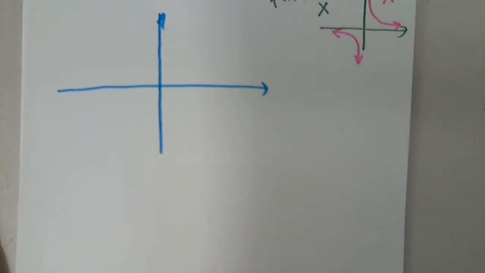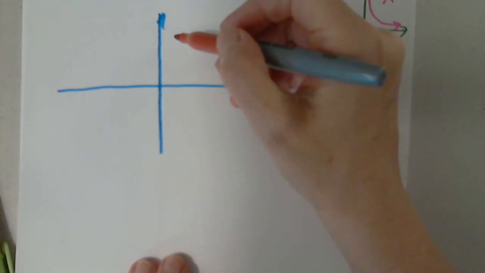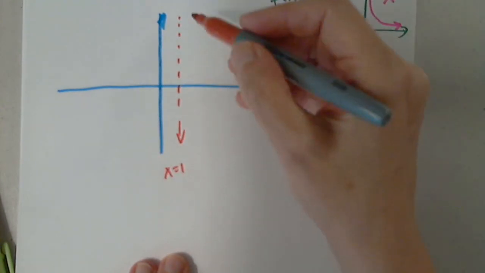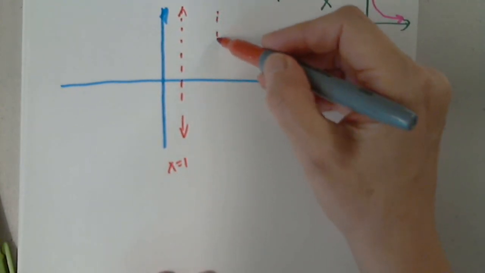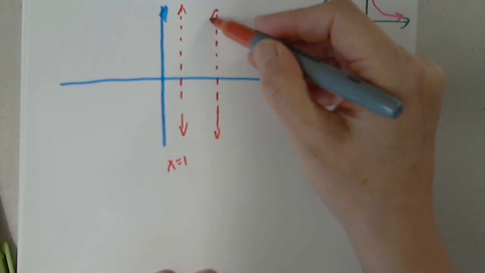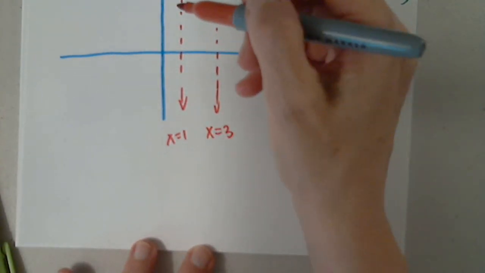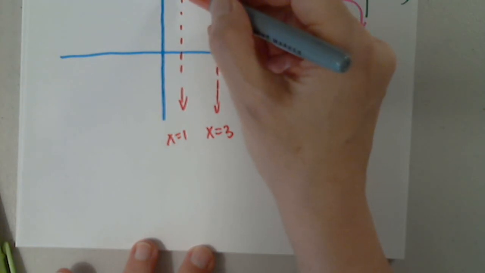Okay, let me graph something similar to this. Very good question. So the graph does this. X equals 1. X equals 3. And it does this.